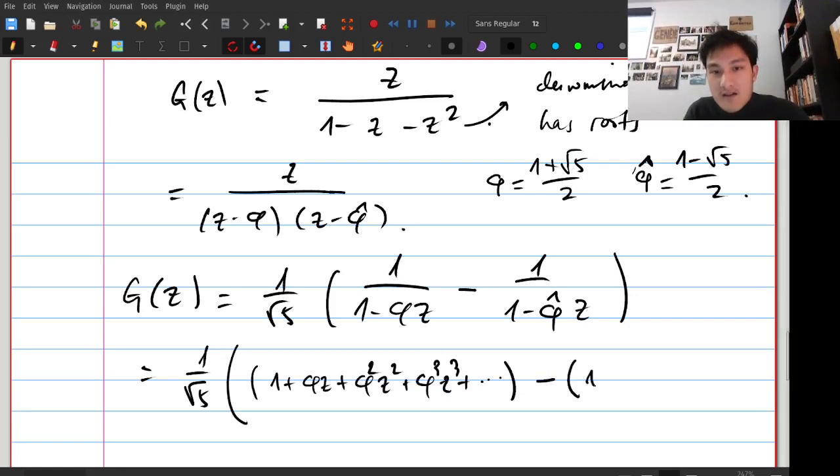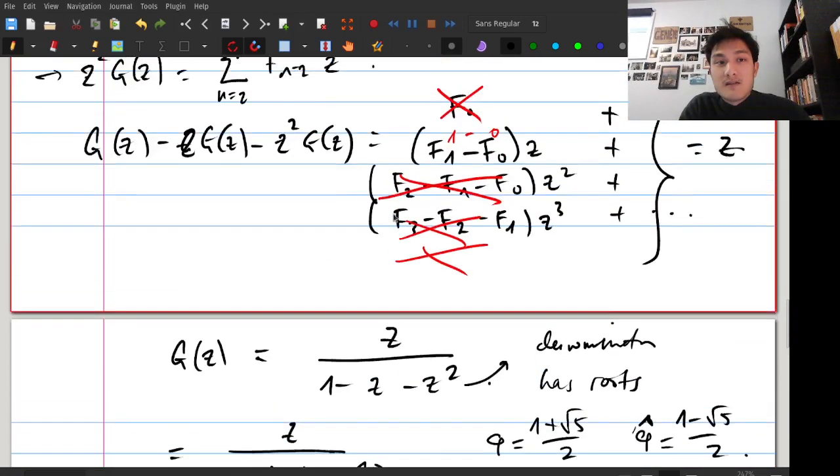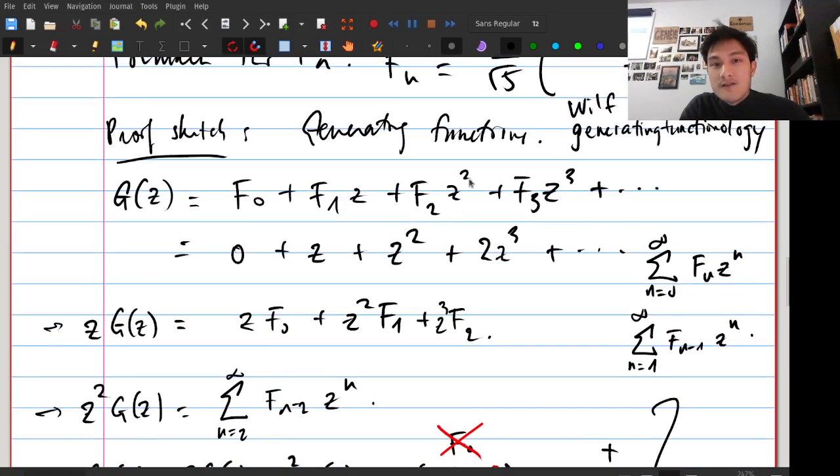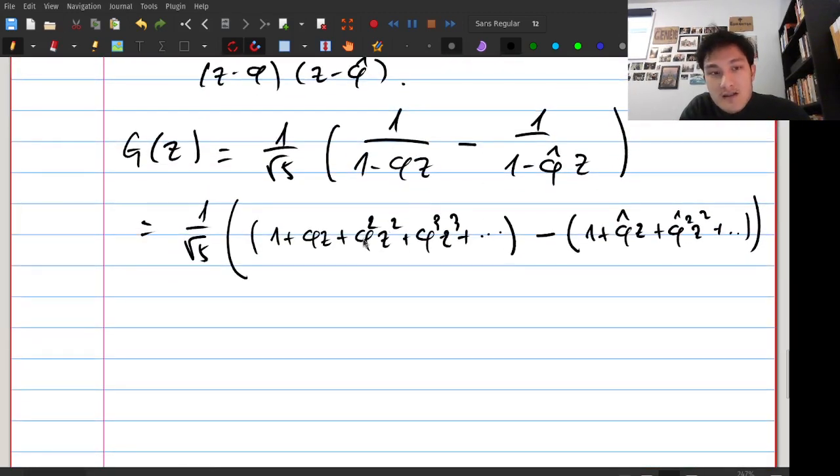And on the other side you have 1 plus phi hat z plus phi hat squared z squared, and so on. The coefficient of z to the n here is the nth Fibonacci number. That's what we defined g of z to be. The coefficient of z squared has got to be f2, so it is phi squared minus phi hat squared, all over square root of 5.